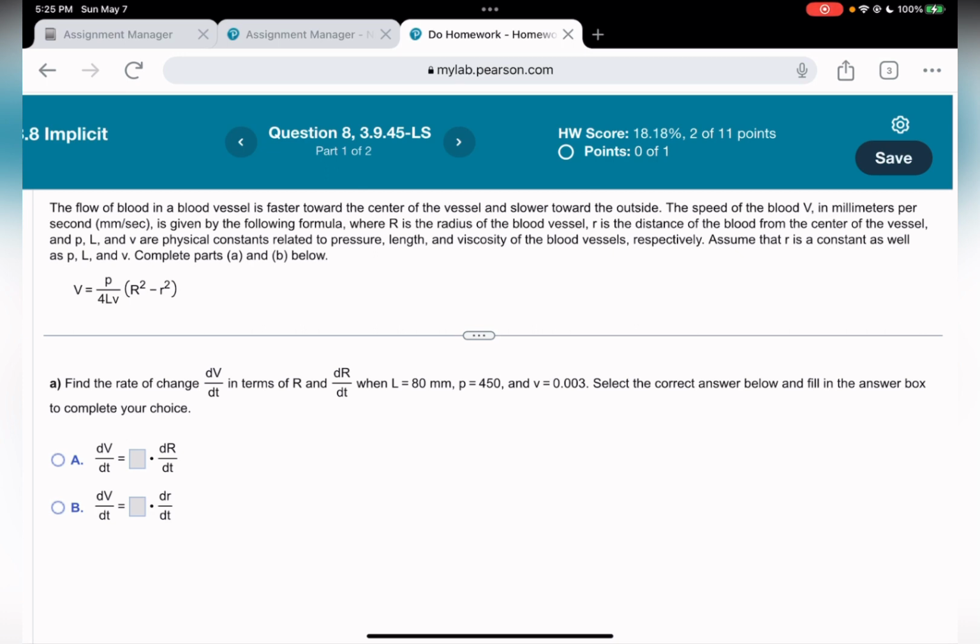Wow, this is a very interesting case. Physical constants related to pressure, length, and viscosity of the blood vessels, respectively. Assume that R is a constant as well as P, L, and v. Complete parts A and B below.